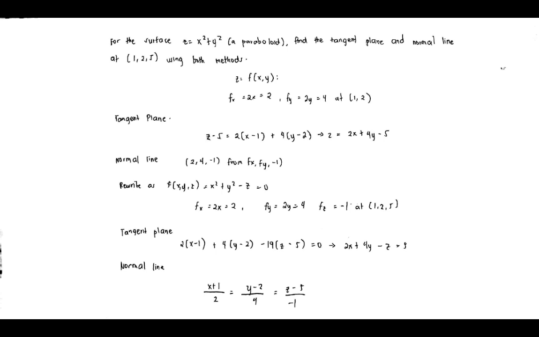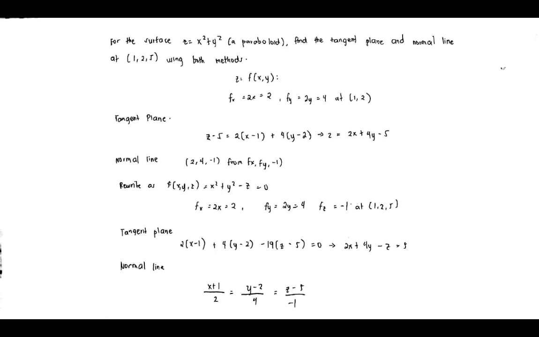So we have f_x equals 2x, applying 1 for x, so we now have 2. And for f_y equals 2y, substituting the 2, we have 4.